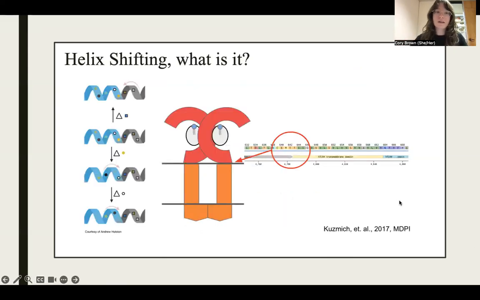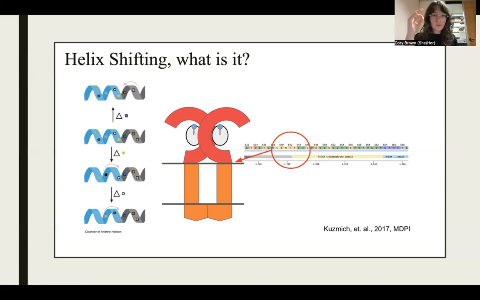And so basically, when I say helix shifting, I'm saying that you see this orange portion here, that's like the transmembrane domain, and it's represented by these couple of amino acids. An alpha helix generally composes the transmembrane domain because it is this hydrophobic portion that is kept away from water, and the most favorable conformation of amino acids for that area is going to be an alpha helix.